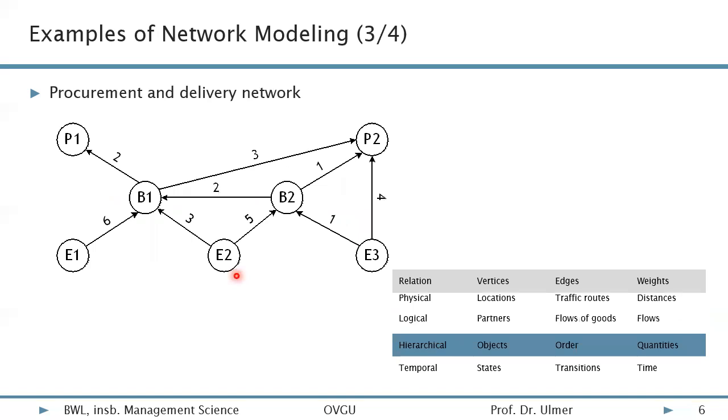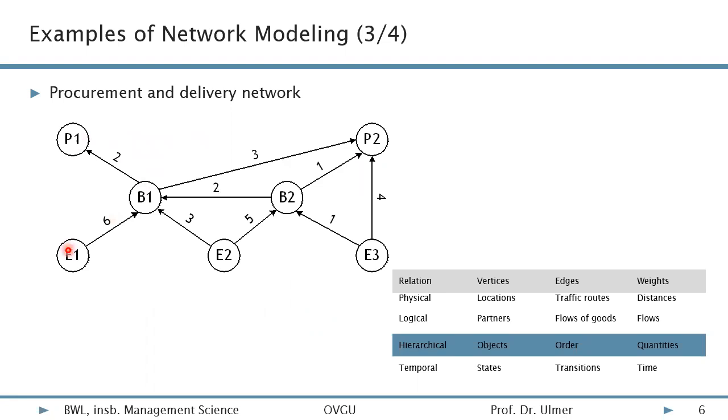Similar to this part is, or let me start differently. There are also, or next steps are hierarchical networks, where we have a top. These are these two, and then we have a hierarchy going down.